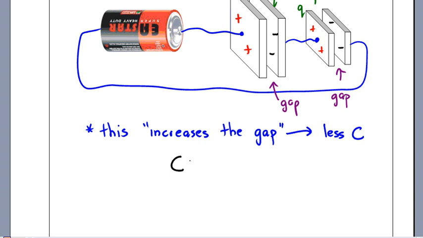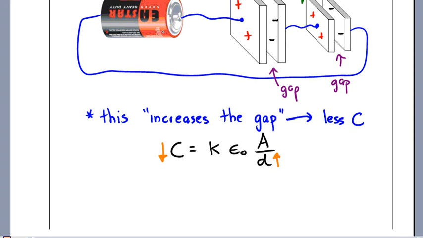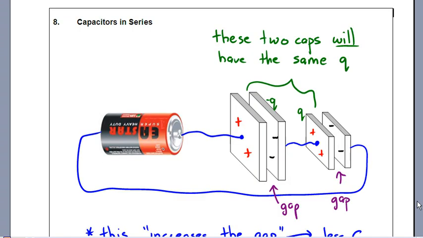Because the equation for capacitance, just speaking in generalities, is this dielectric constant, that's a 1 if we're using air, permittivity of free space, and then there's the area of the plates, and then there's the gap size. And if you go and increase the gap size, then you're going to be lowering the overall capacitance in this story. So here's something that's a truth that is always going to be correct.